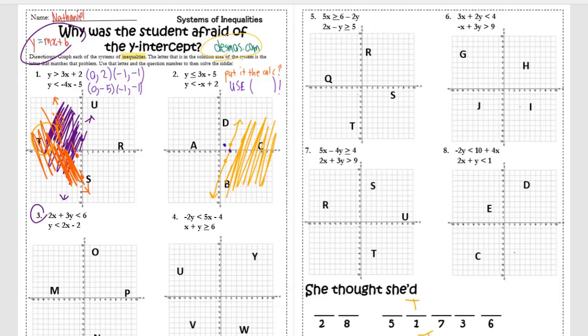It is y is less than, so it's going to be a dashed line. Since it's y is less than, we want y values less than 2, like 1, 0, negative 1. So we're going to shade in this direction.